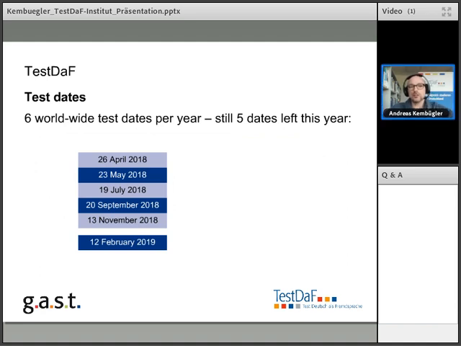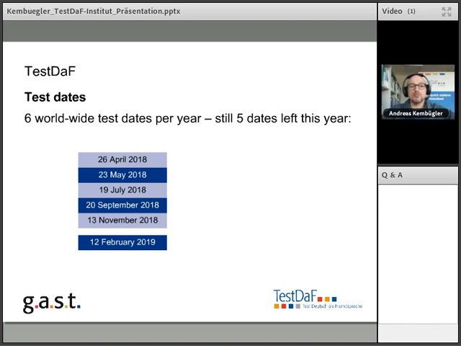When can you take the TestDaf? You can take the TestDaf all over the world on 6 test dates. There are 5 test dates left for this year. The next test date will be in April, and after that in May, in July, and September, and November. And then next year there will be the first test date in February.